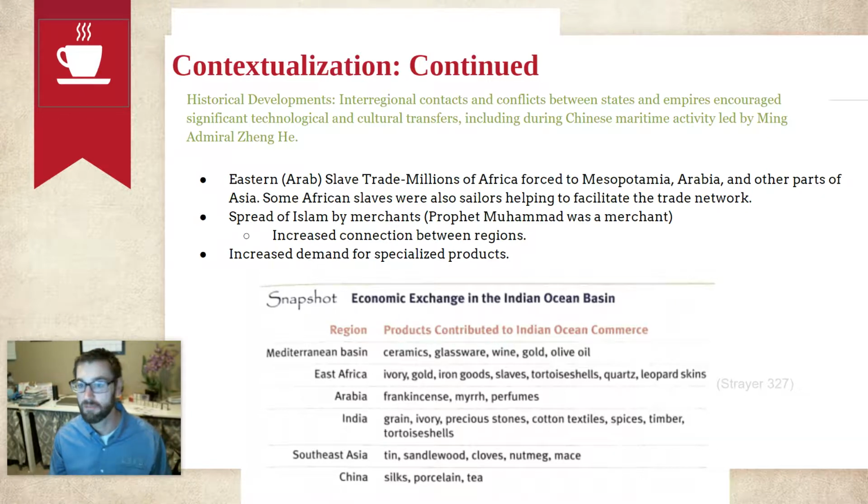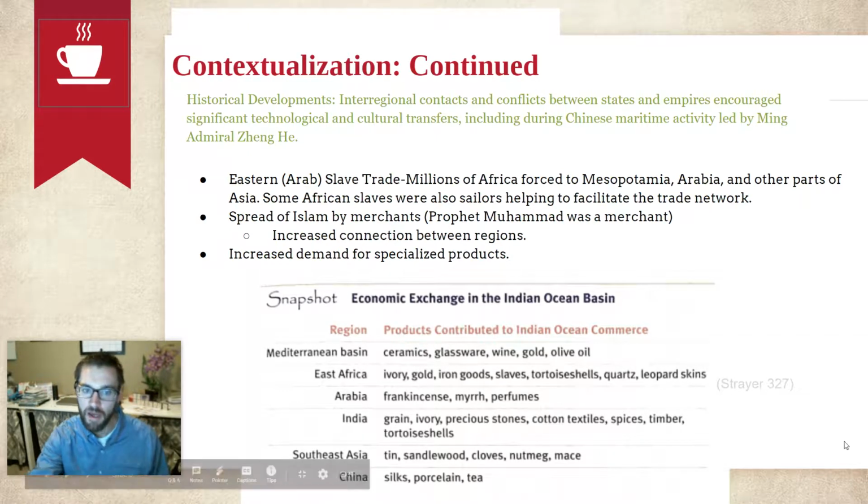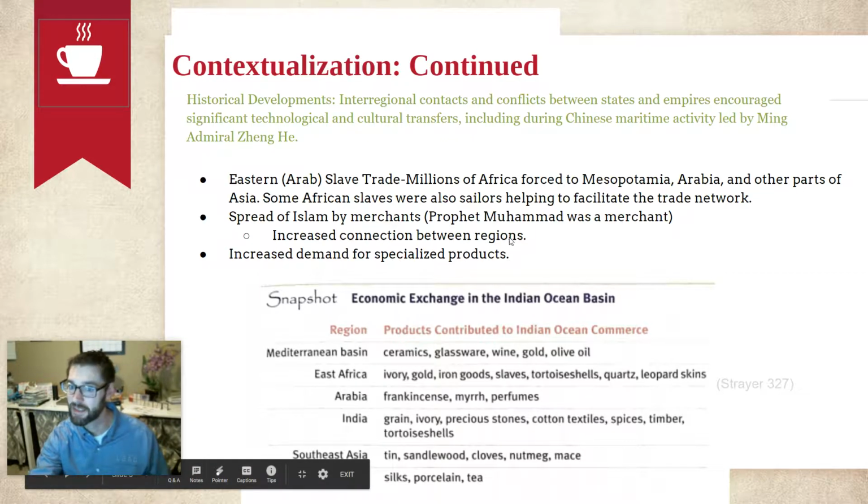They're forcing millions of Africans to places like Arabia, Mesopotamia, and other parts of Asia. The reason East Africans were being taken to become slaves was because as Dar al-Islam spreads further and further, by Muslim law you can't enslave a fellow Muslim. So they had to go to somewhere where Islam had not been spread, and so they went to East Africa.